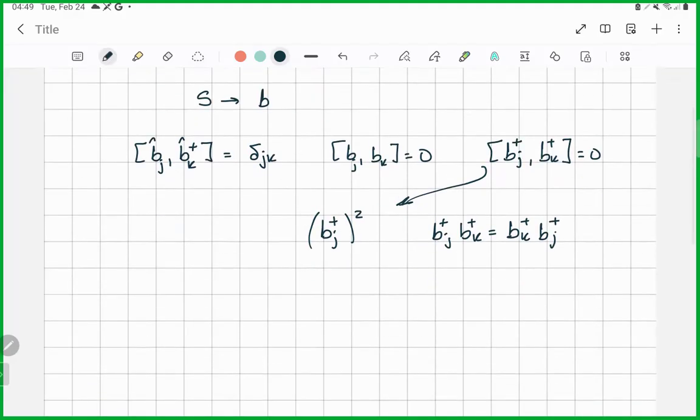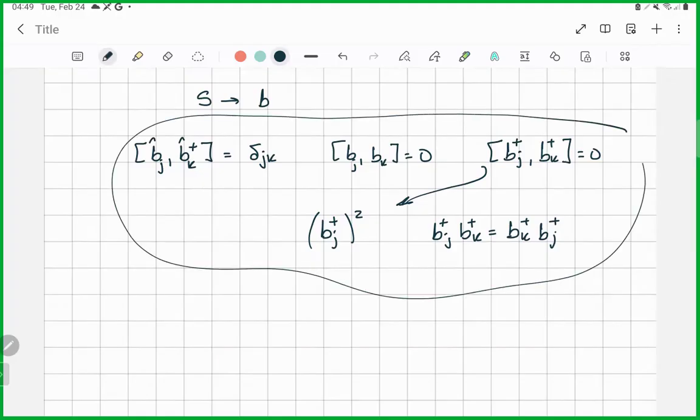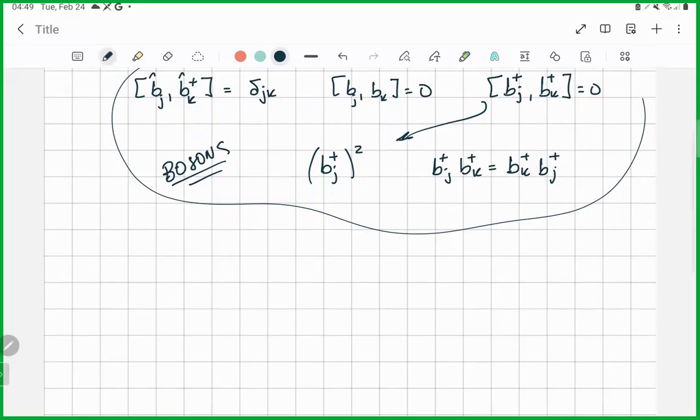Okay, so this is what is true for real bosons, what we are familiar with. But now comes our transformation, this Holstein-Primakoff transformation, where we are going to move from spins into bosonic operators. How do we do that?